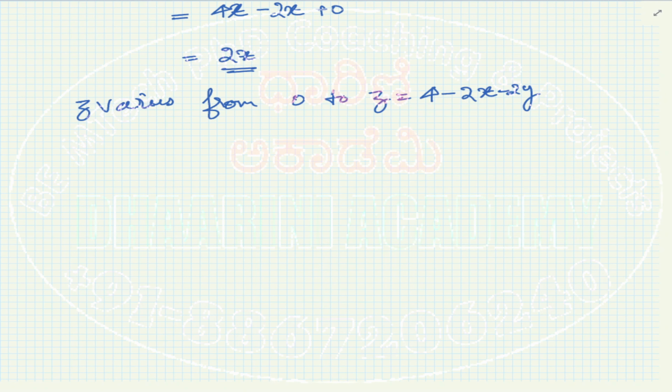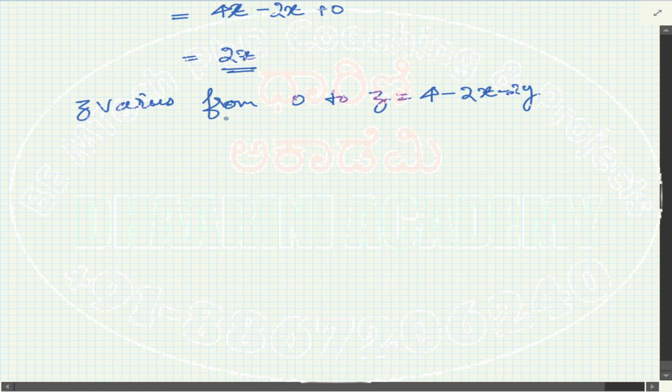Whenever z is equal to 0, I can try to write a different notation for y. So when z is equal to 0, put z equal to 0 in the above equation. This implies I have 2x plus 2y equal to 4.